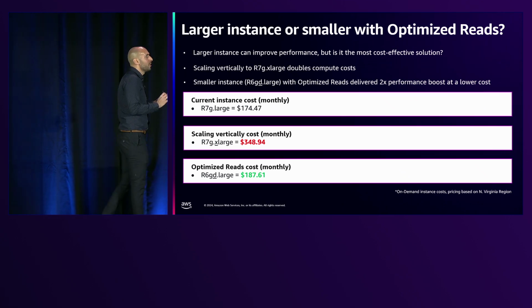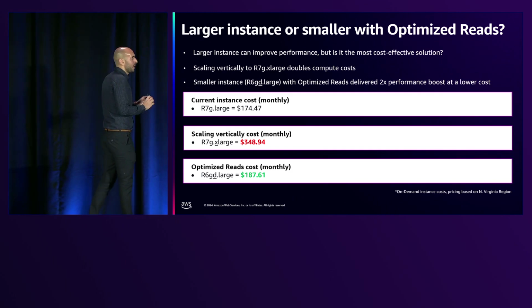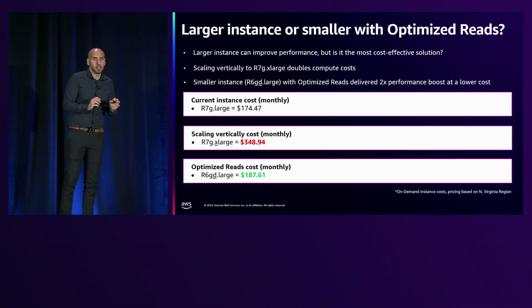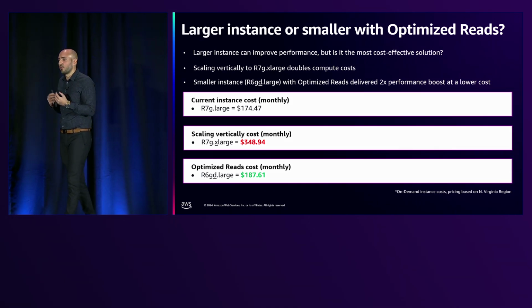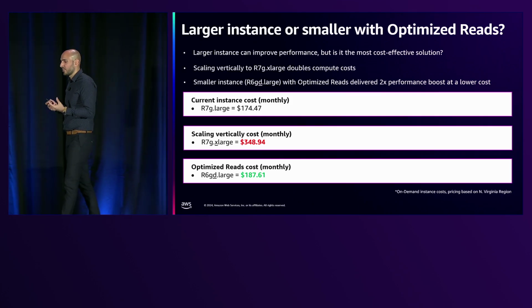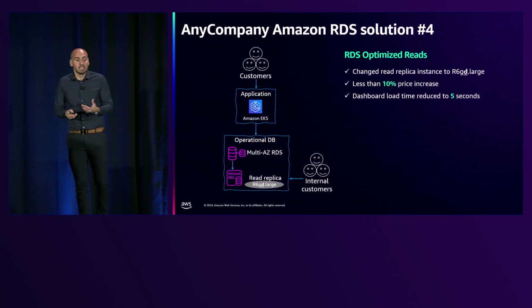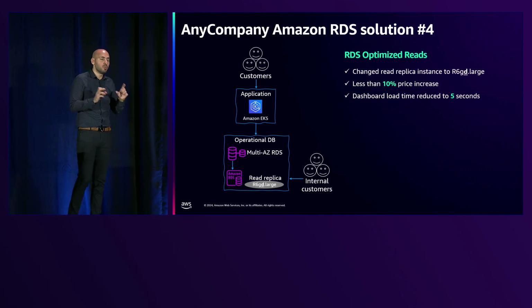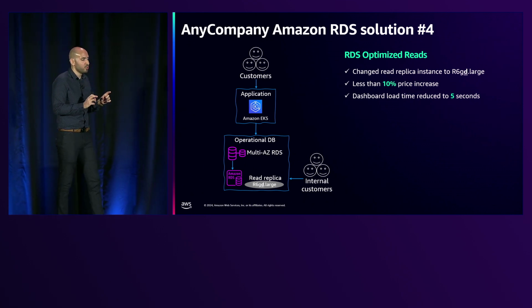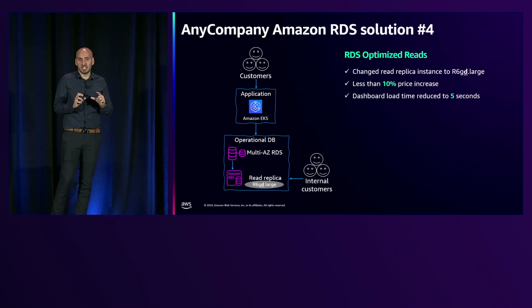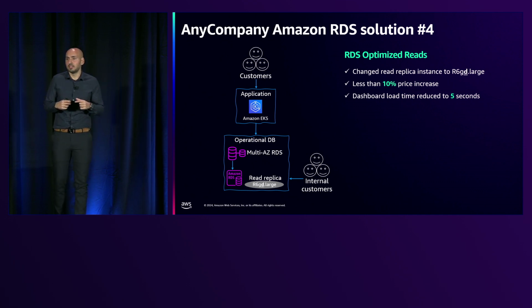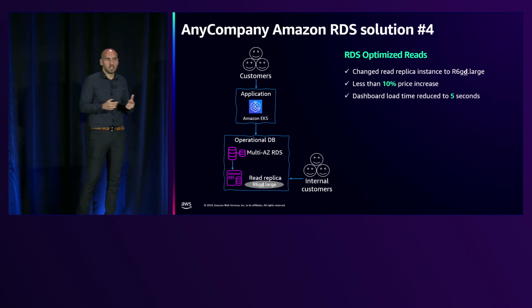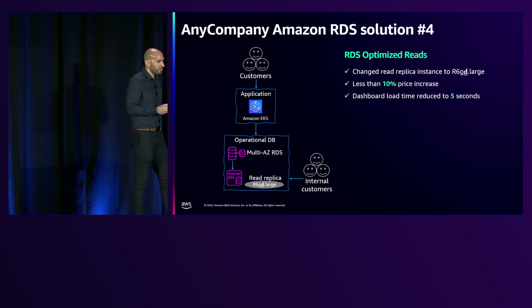So they achieved 2 times faster execution time for their queries without increasing the expense of their infrastructure significantly. In fact, the difference between the original instance type and the new instance type, which is based on optimized reads, was less than 10%, and yet it provided 2x performance for their reporting queries.